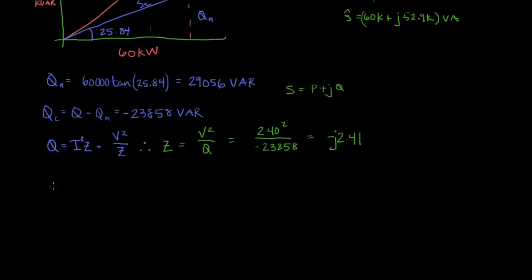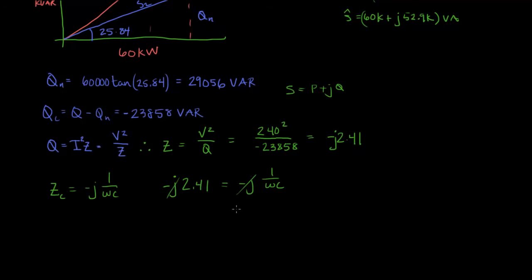Okay, so remember that Z for a capacitor equals minus J times 1 over omega C. And so we get minus J 2.41 is equal to minus j times 1 over omega c. So I can cancel out the j's.